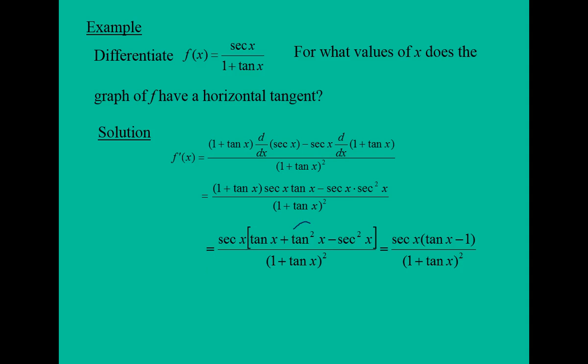here again we have a Pythagorean identity. We have tangent squared x plus 1 equals secant squared x. So if we want tangent squared x minus secant squared x, we would have to subtract 1 from each side.